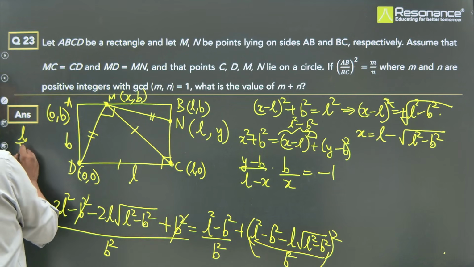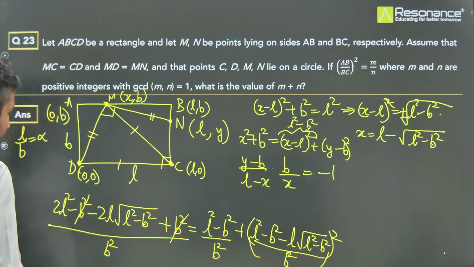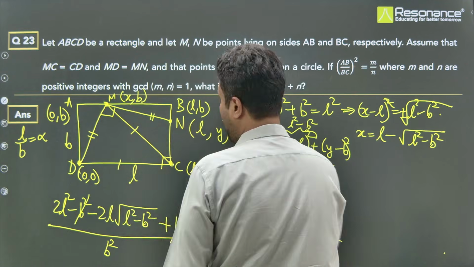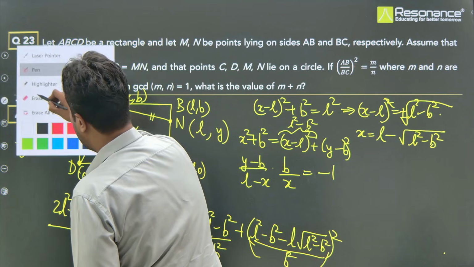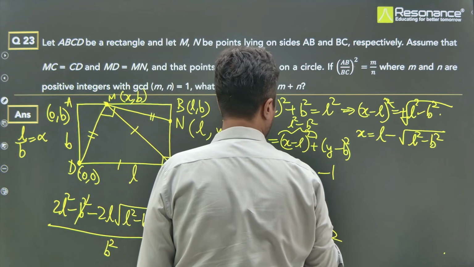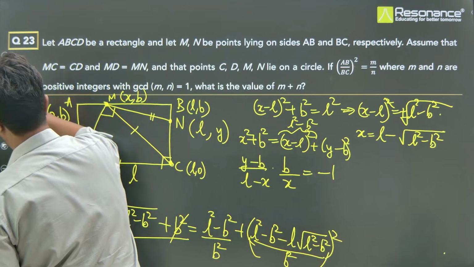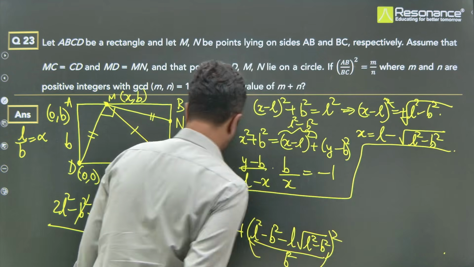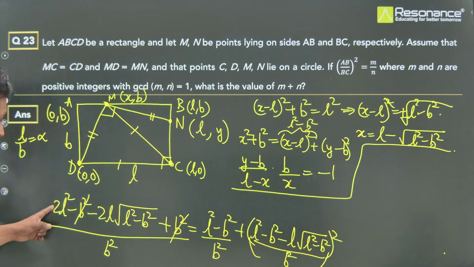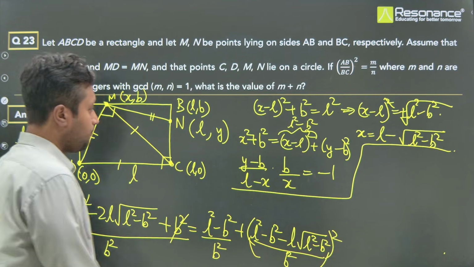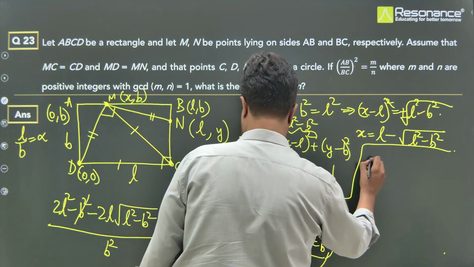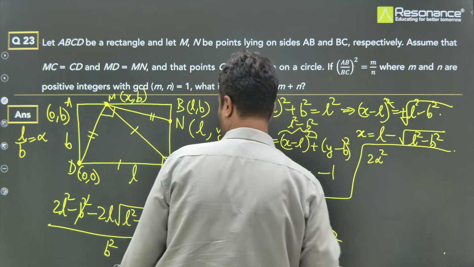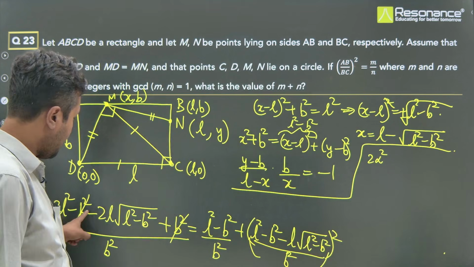I guess we can still keep that. L by B is alpha, right? So let's see what equation we have. Over here you have 2 times alpha square, 2 alpha square, and then that is gone.